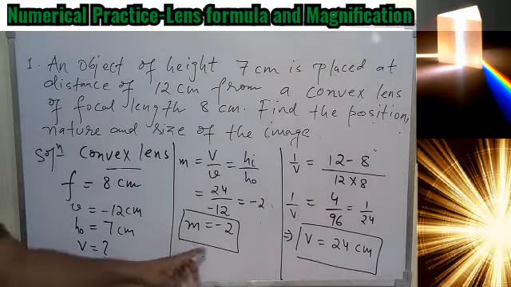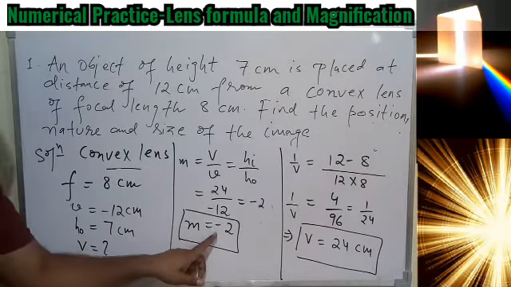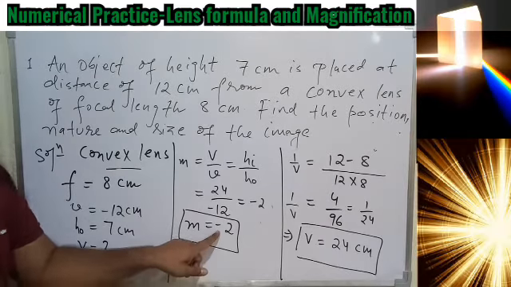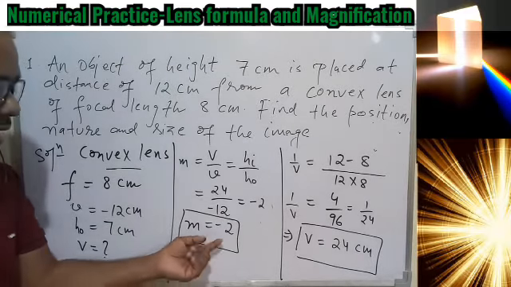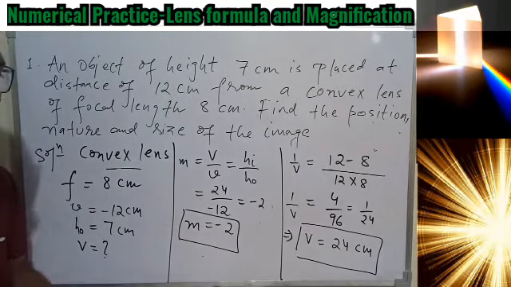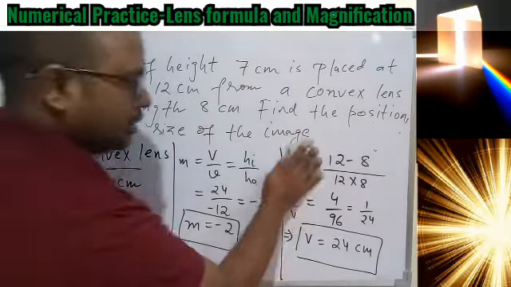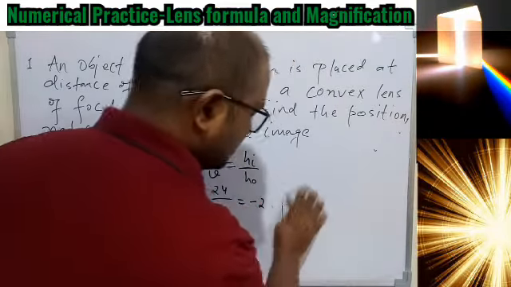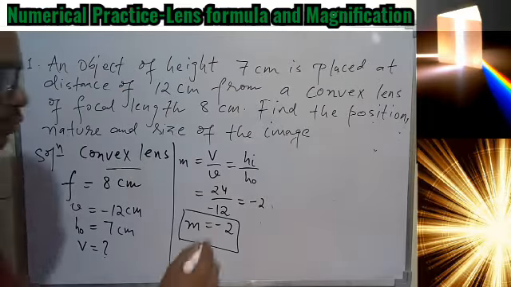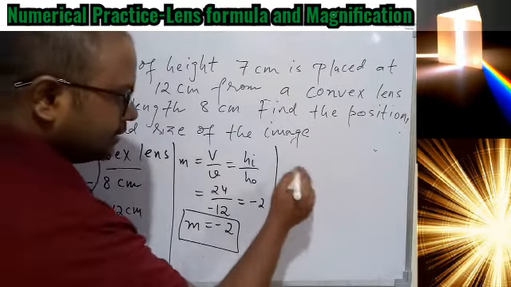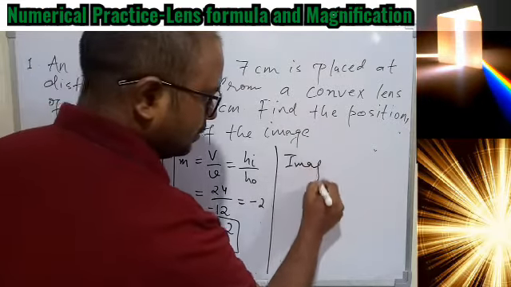And based on this, we can find out, very first the magnification is coming negative, means the image is real, we know. And if it is 2, that is greater than 1, so image is magnified also. So we got this. Now we don't need this part, it is already done. So from here we can say that the image is real.